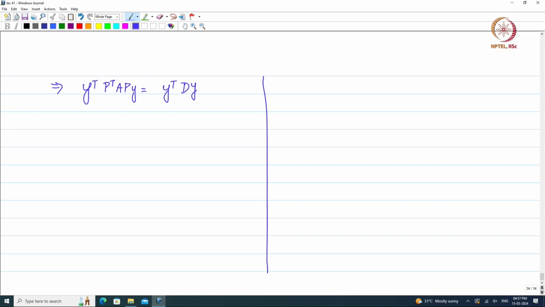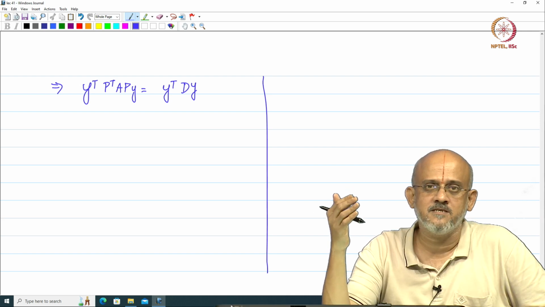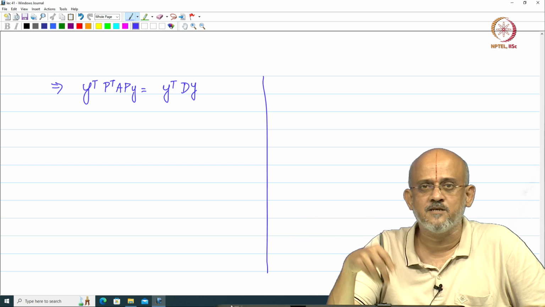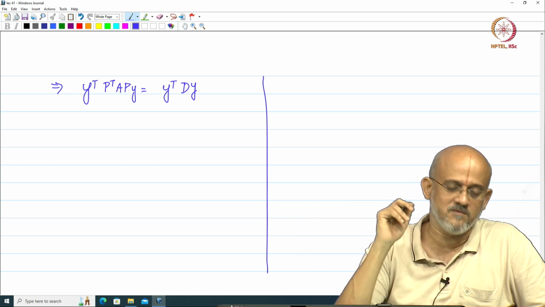This is what we have. We have certain names for these matrices, depending on what the value of x transpose A x boils down to. Based on that we have matrices which we call positive definite, positive semi definite and so on. Let us look at those definitions in some time.